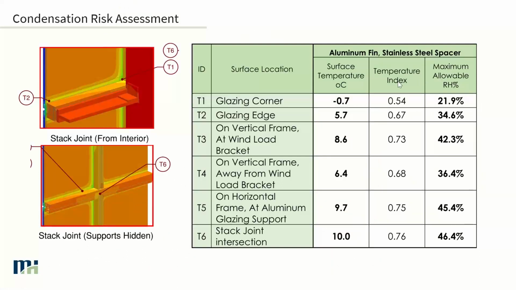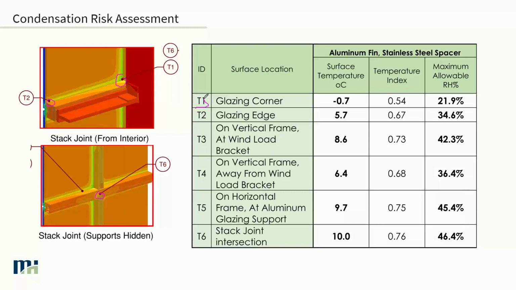So how would that look in a report or an analysis? In this case, we have a system with a bunch of different potential critical locations. We have a corner, an edge of glass, and maybe something in the middle of the stack joint.